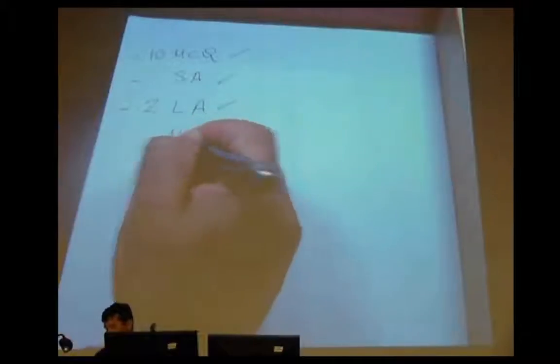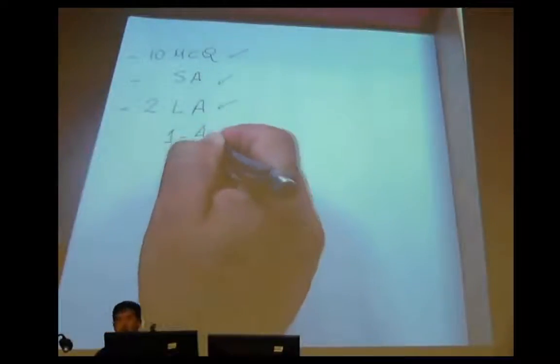What will be covered in the midterm exam is the content covered between weeks 1 and 4 inclusive. So whatever we do next week will be covered in the midterm exam.